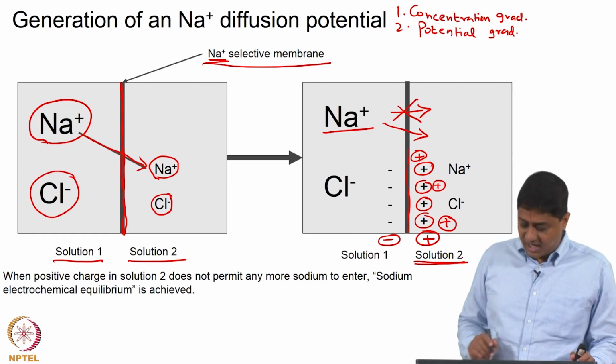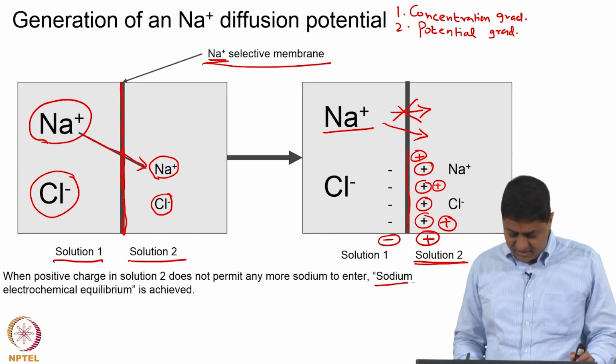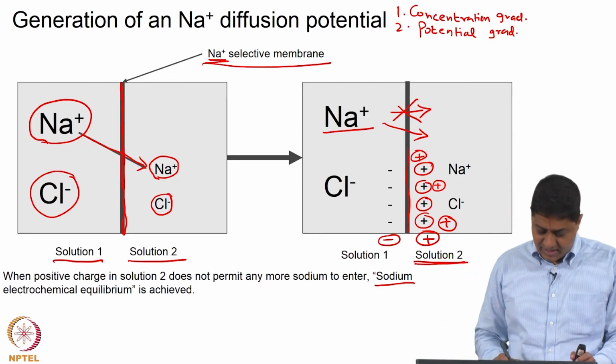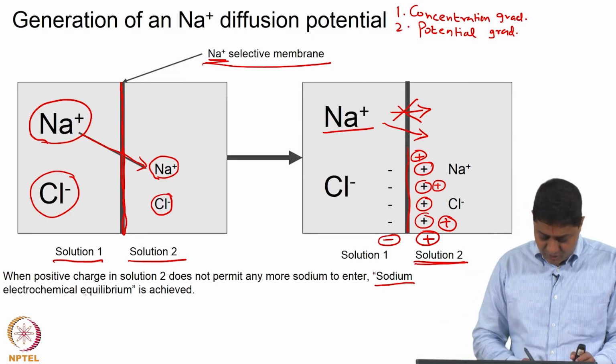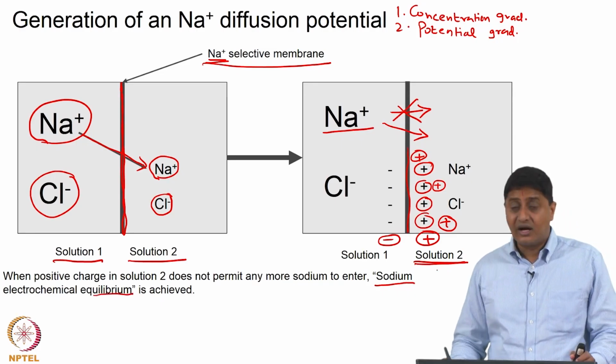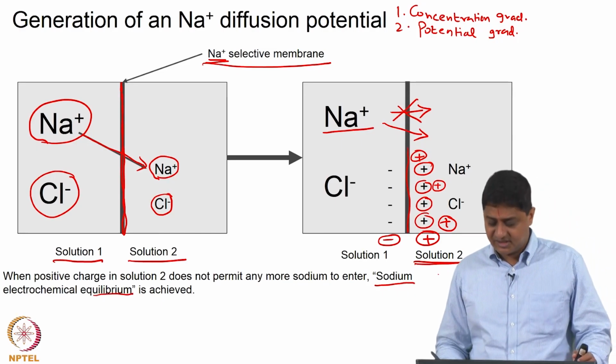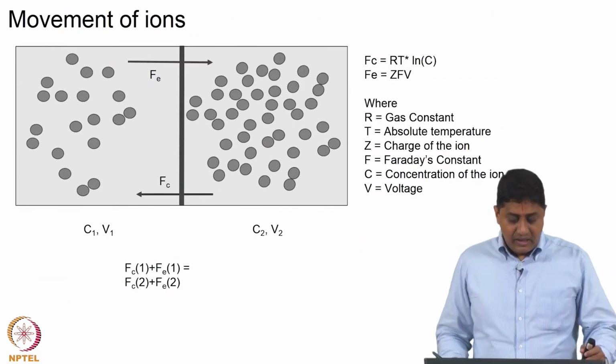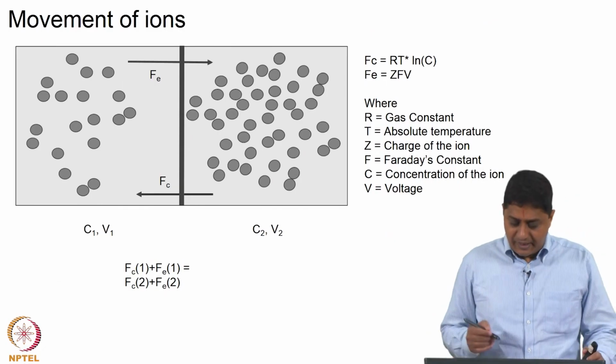The potential at which this happens is the sodium equilibrium potential, and that equilibrium is called the sodium electrochemical equilibrium, right. That is the sodium electrochemical equilibrium, and the potential at which it happens is called the sodium equilibrium potential.